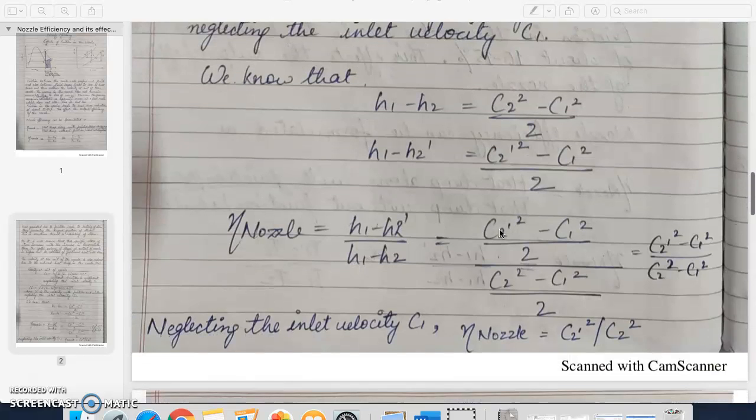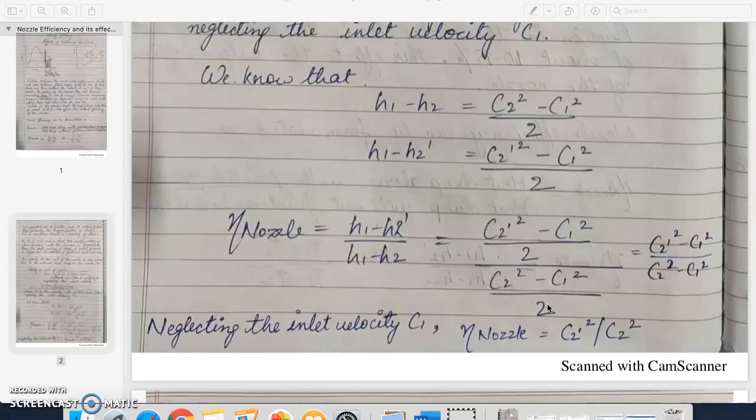Hence the nozzle efficiency, which was stated as H1 minus H2 dash upon H1 minus H2, will also be equal to the ratio of these two, and we get this formula. Now as we have already neglected C1 in multiple cases, when we do not have the value of C1, then we neglect the same.